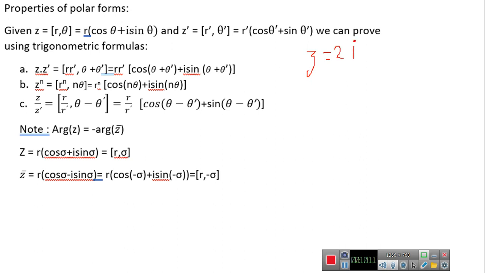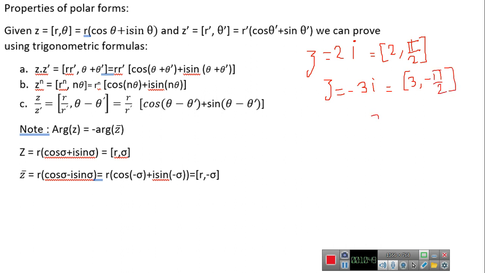Before I continue, I want to tell you something very important. For example, if you have z equal to 2i and I tell you to write it in polar form, directly this can be written as modulus 2, angle pi over 2, because cosine 90 is 0 and sine 90 is 1.